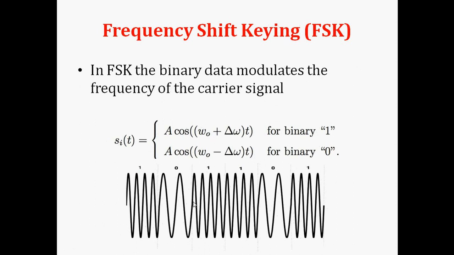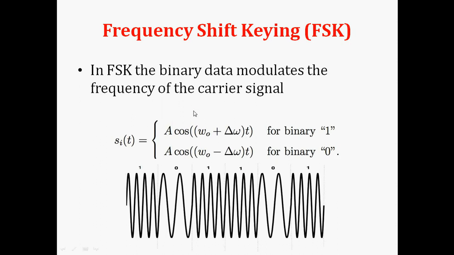In frequency shift keying, the binary data modulates the frequency of the carrier signal. That is, Si of t is my signal. It is A cos of omega 0 plus delta omega t for binary 1 and A cos of omega 0 minus delta omega t for binary 0.